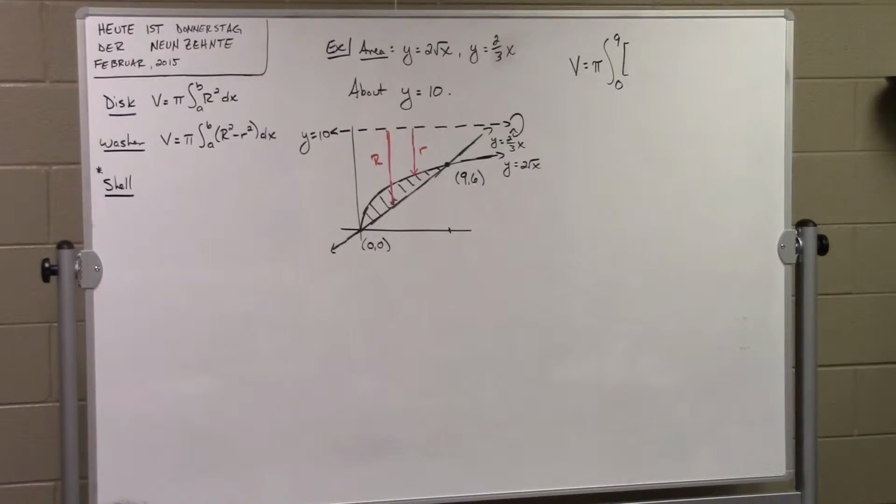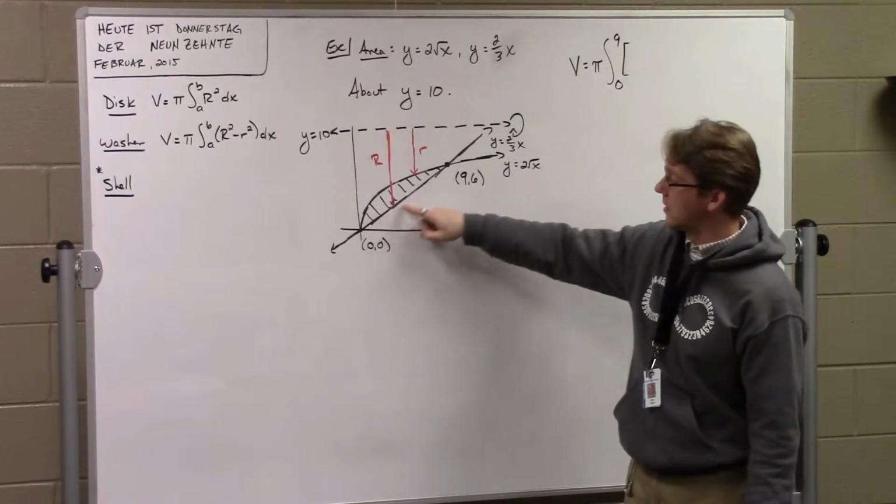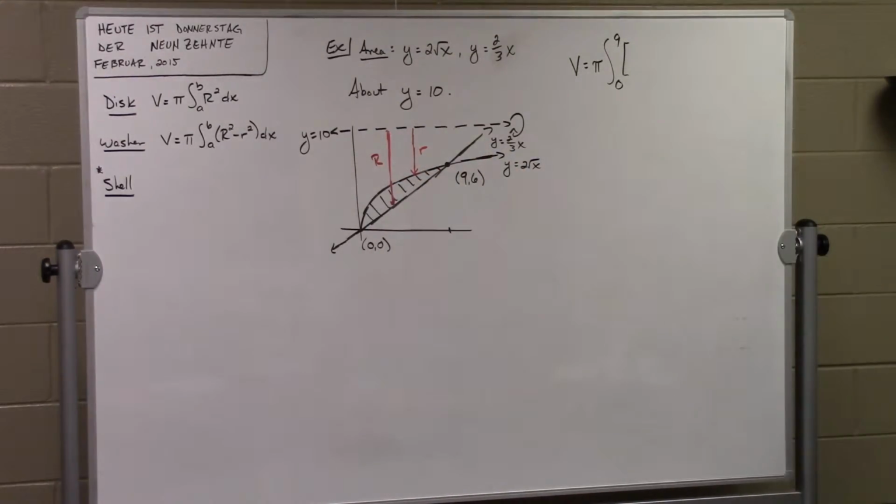Distance of big R. How far is it from this to this? Negative 10 plus 2/3 x?